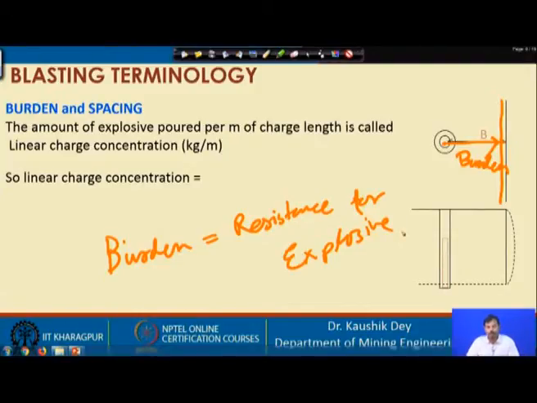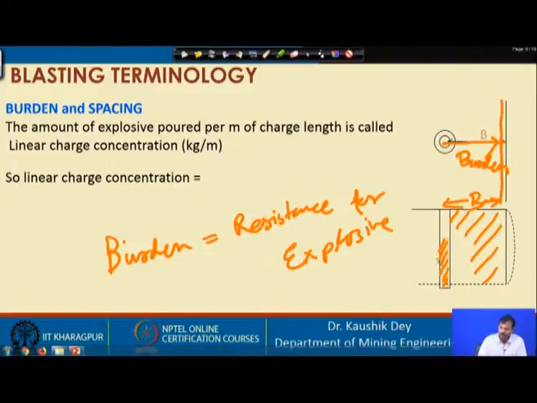Basically, the purpose of the burden is that the explosive charge placed in the hole is of that much quantity which is required to blast this portion of rock, which has a width the same as the burden.